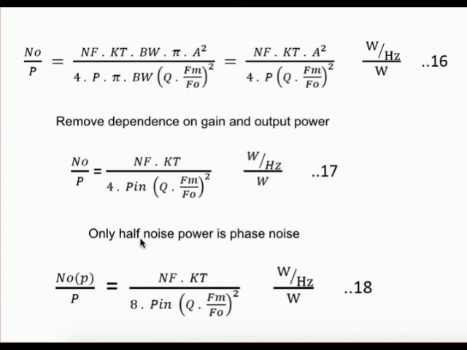In a limiting oscillator, of course, this would be removed anyway by the hardware, but since we're not actually considering the action here in the analysis of it, half of that power needs to be removed. So this is really Leeson's equation as it should be.